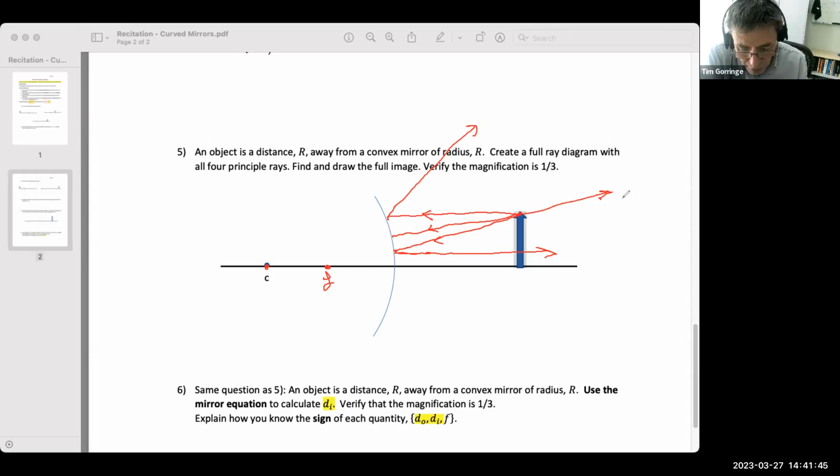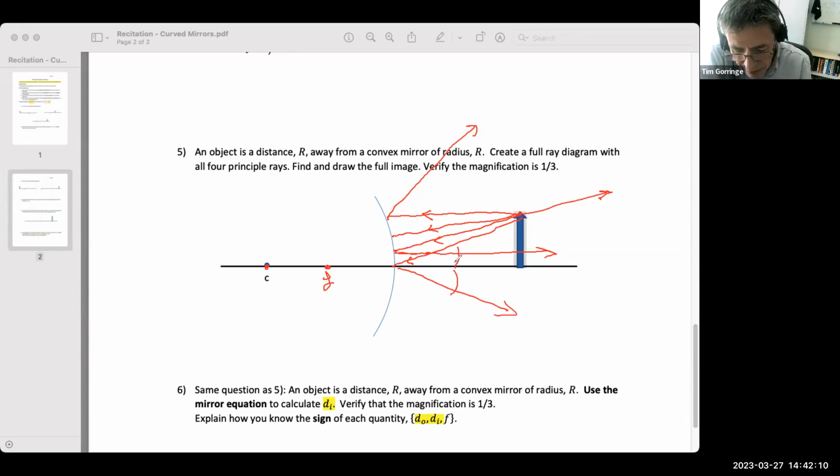And there's finally one more ray that we can draw. It's the ray that heads towards the center of the mirror, the optical axis, so it's this ray here. It's going to be reflected at an angle where this reflected angle downstairs here is equal to this incident angle upstairs here.